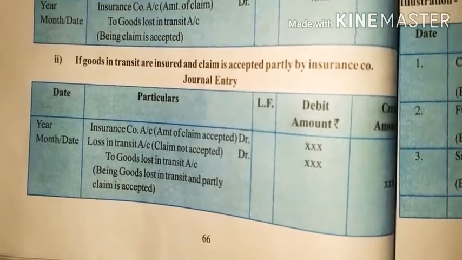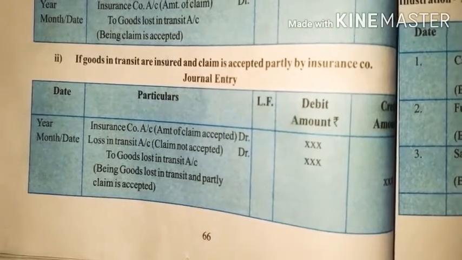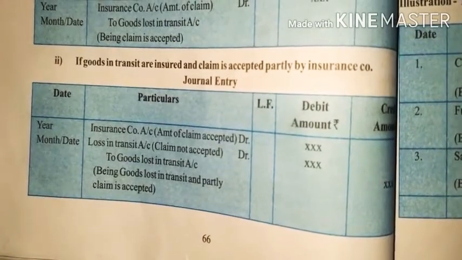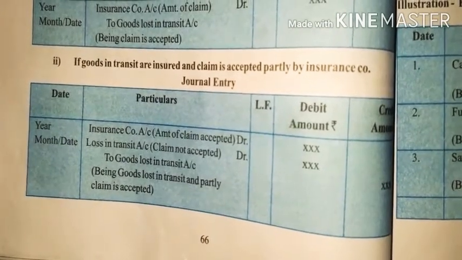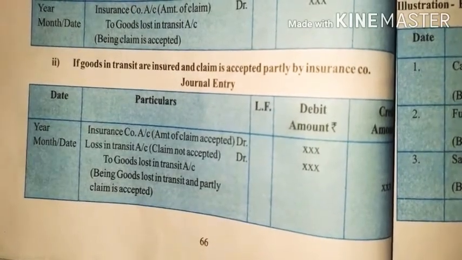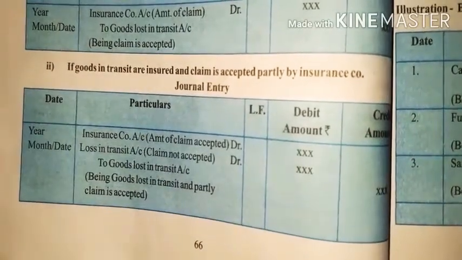Out of the 10,000 lost, you are asking for a 5,000 claim from the insurance company, and the insurance company will accept that claim. But the remaining 5,000 is a loss of your goods, a loss of your money, so that account is also going to get the debit effect, because that is the loss.